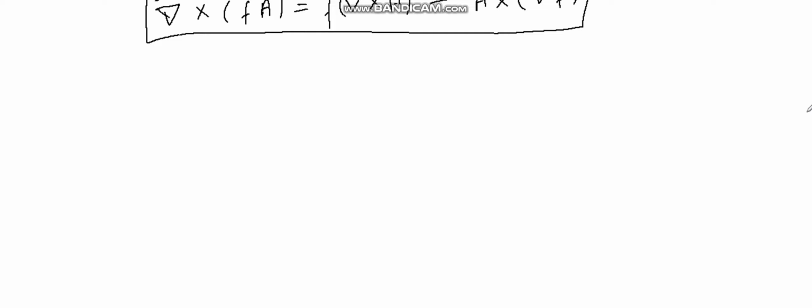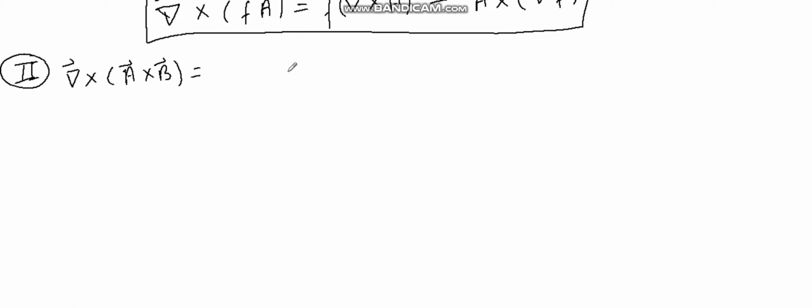the second identity. Okay, so I'll prove it in the next video, but let me begin it here itself. So this is the second identity, which is gonna be the curl of the cross product of two vectors.